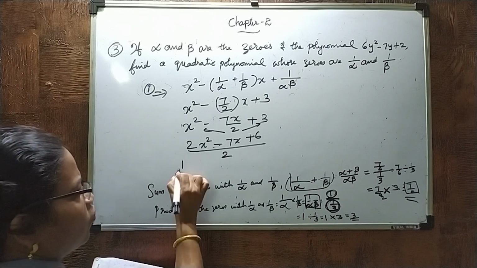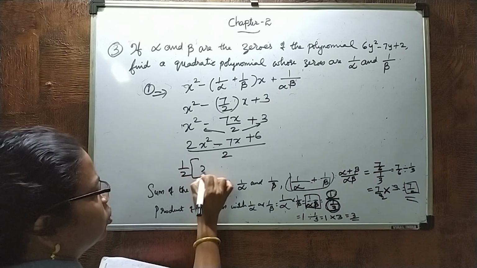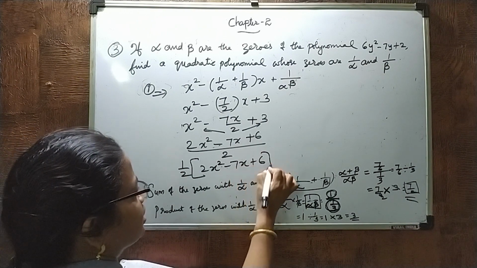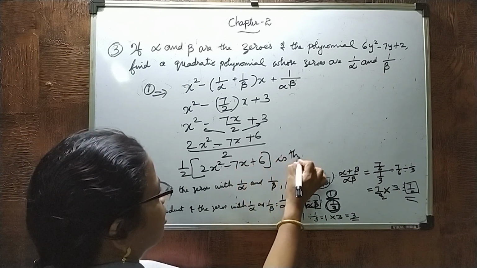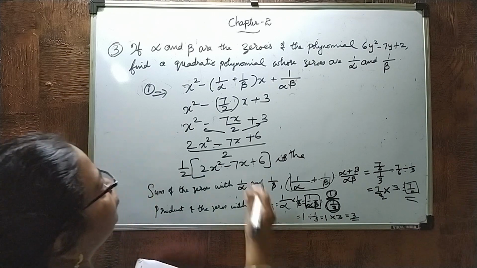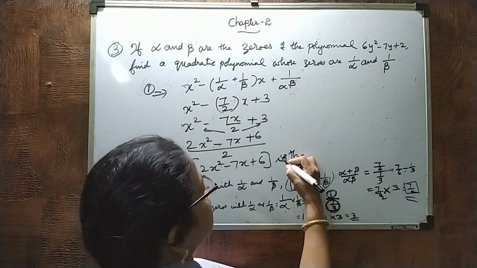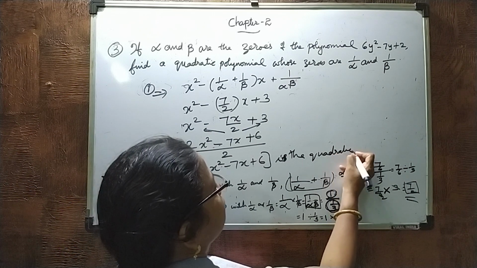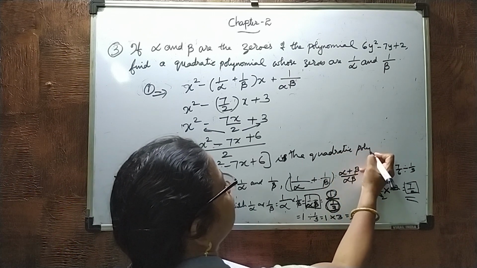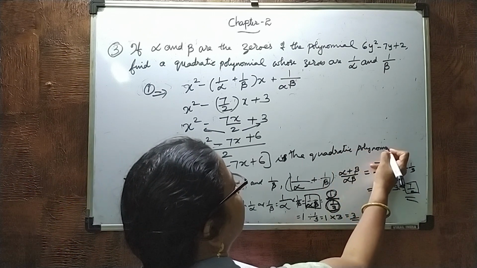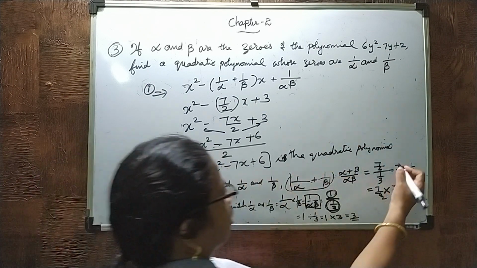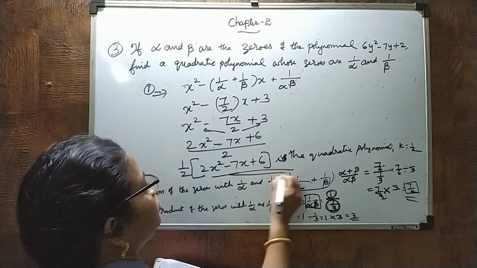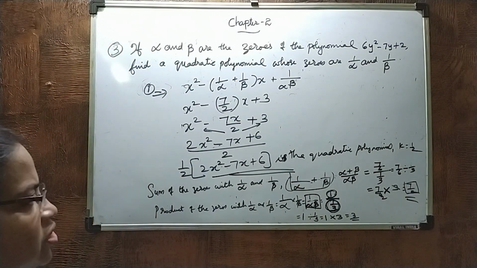That means 1 by 2 into 2x square minus 7x plus 6 is the quadratic polynomial, and k is equal to 1 by 2. This is the answer you will get.